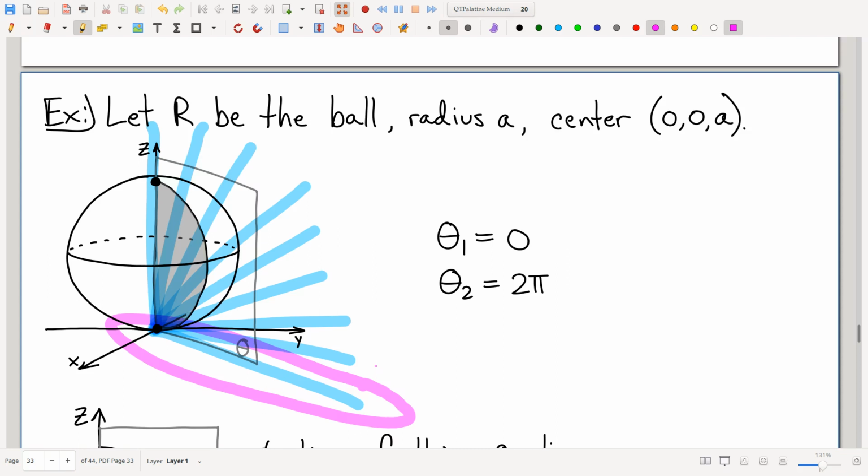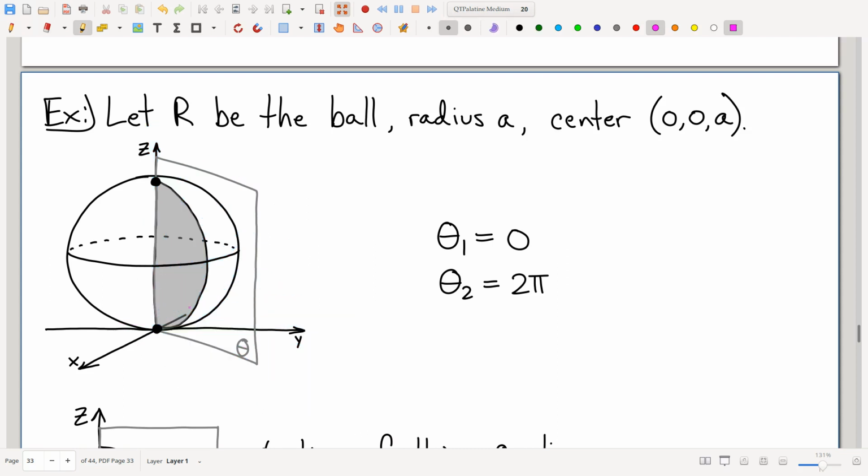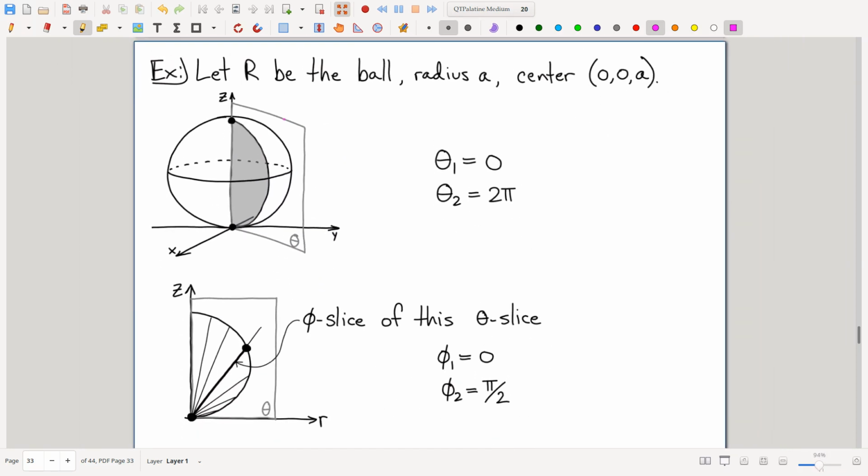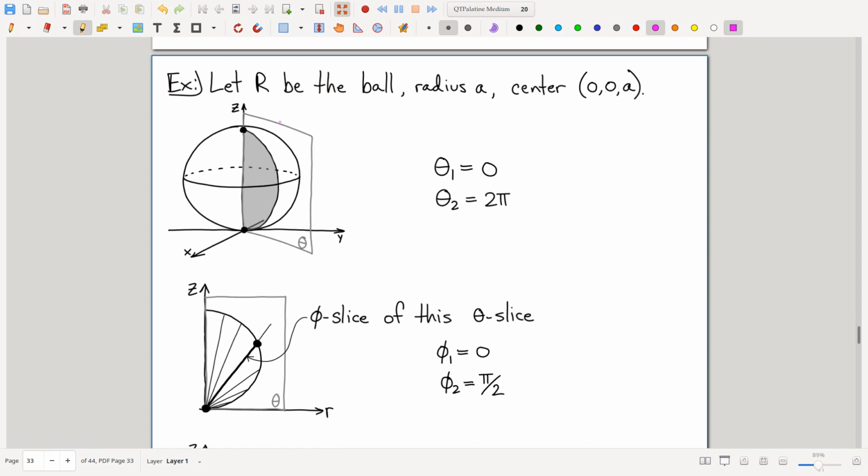Okay, so my workaround on this, and again, you do not have to do this, but I find this helpful, and I encourage you to do this, is to redraw your theta slice. There's how I take a theta slice. This is the resulting shape. I'm going to redraw exactly that, looking straight on at it, instead of looking at some askew angle. I'm going to look right at it.